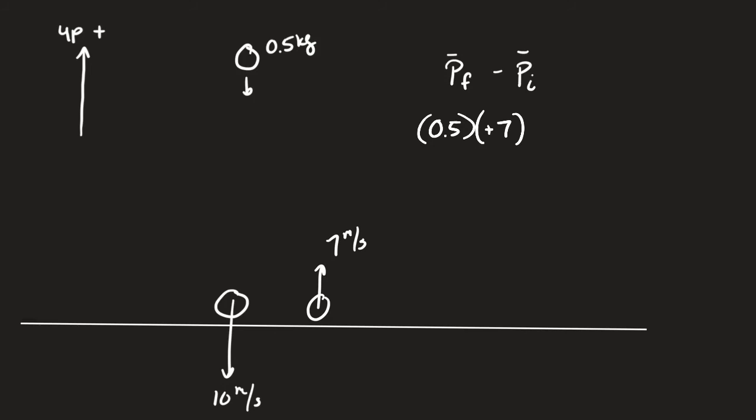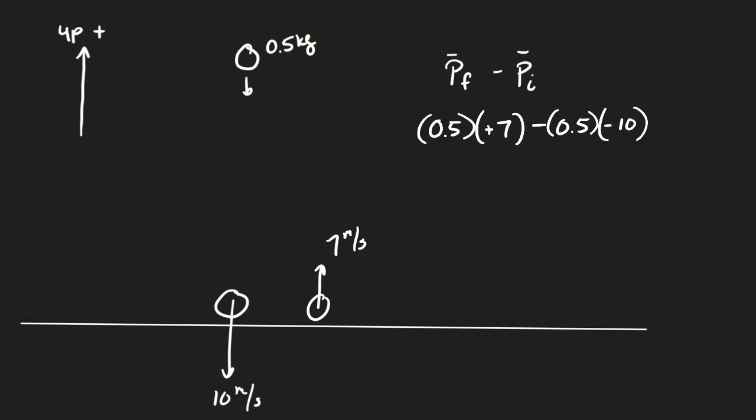Next, I'm going to subtract the initial momentum of the ball. The initial momentum of the ball has to do with the mass of the ball, 0.5, times its velocity, which was 10. But it was traveling downwards before it hit the ground, so its initial velocity was negative. Remember those motion equations where we had to take into account direction every single time?